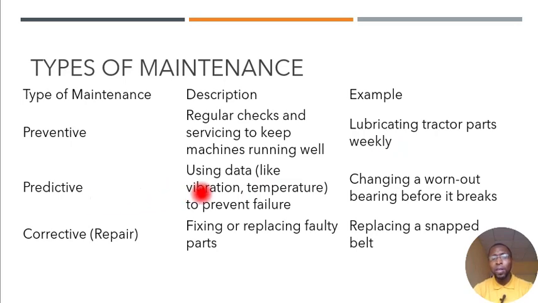Now, the second type of maintenance is called the predictive type. In this case, it involves using data, such as the vibration or temperature of the machine, to prevent failure. By the time you get your thermometer and find out that the machine is getting hotter than usual, they can easily call upon the operator or the machine manufacturer to come and check this machine before it finally breaks down.